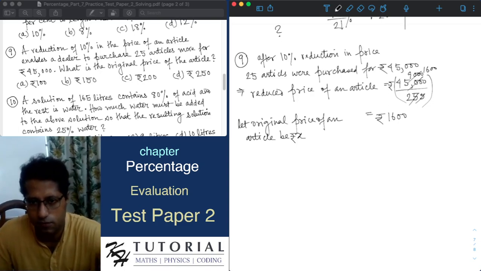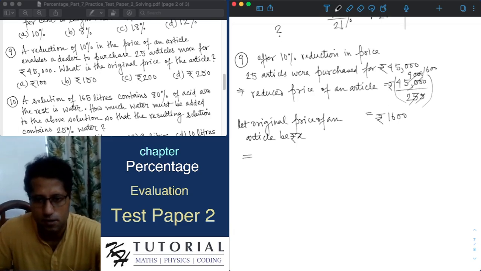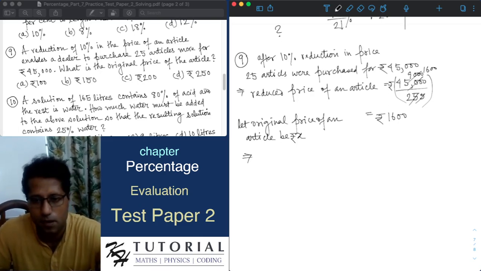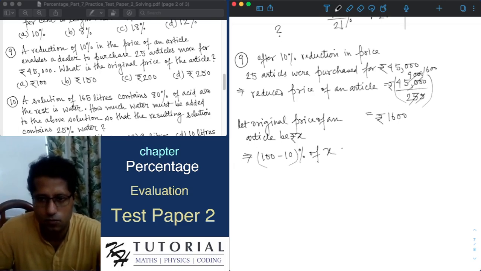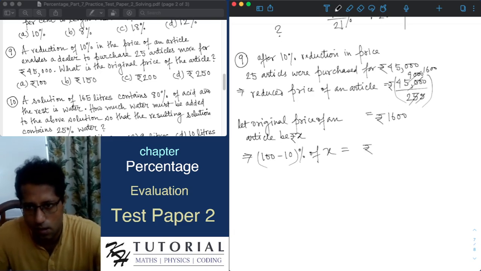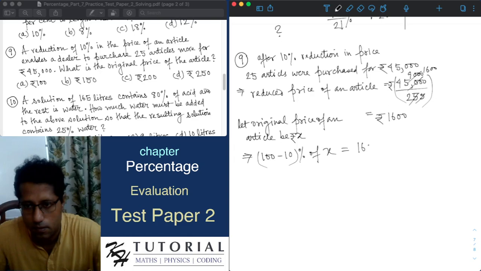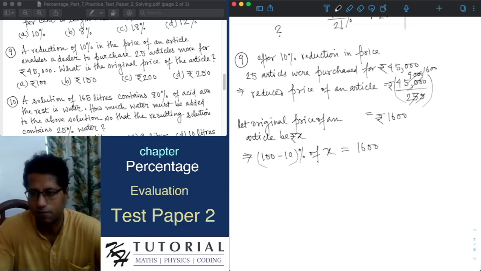Now, if the original price of the article is rupees X, then if this original price is reduced by 10%, it will be 100 minus 10% of X, which should be equal to the price of each article we have already calculated after the reduction of price.